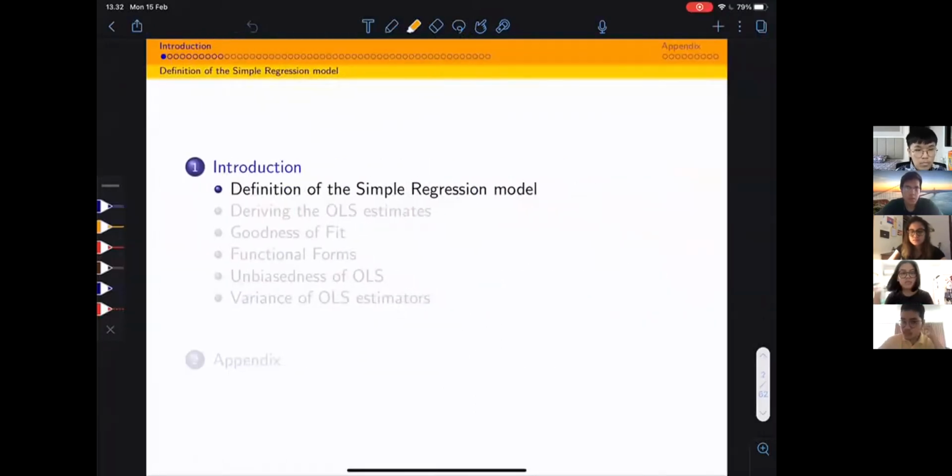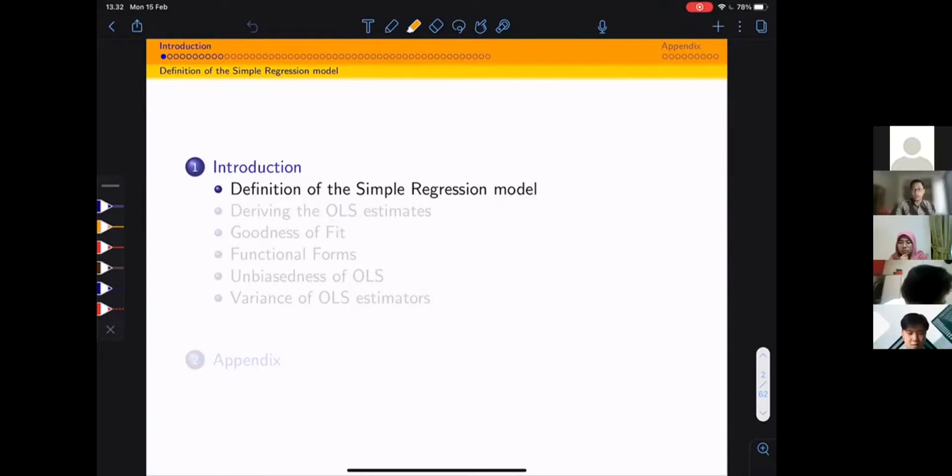Basically we have several points of discussion today. We have the definition of the simple regression model. We have derivation of OLS estimates. We have discussions on the goodness of fit as well as functional forms. We're also going to have discussion on the unbiasedness of OLS as well as the variance of OLS estimators.